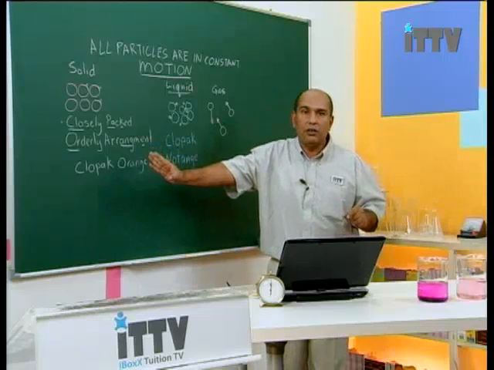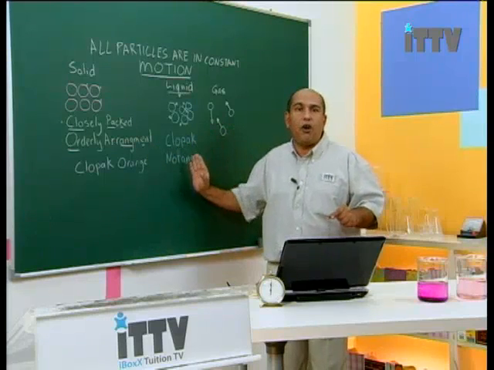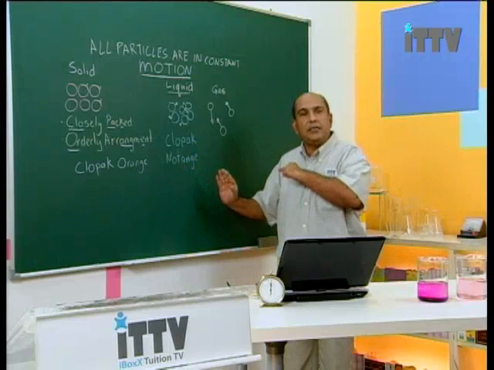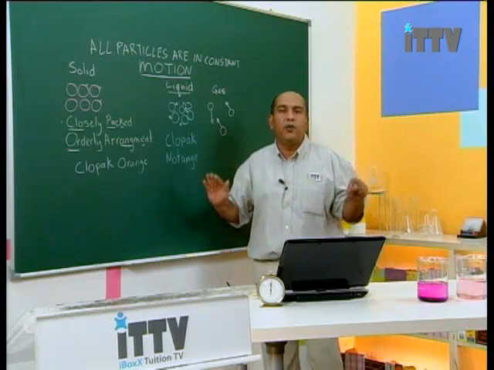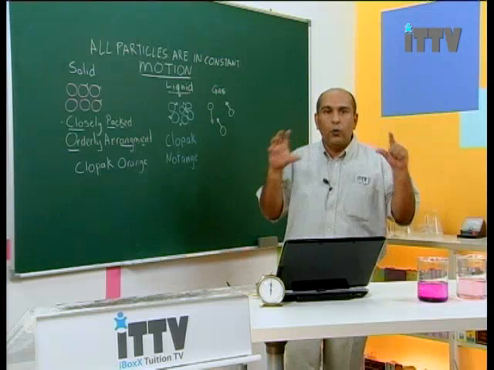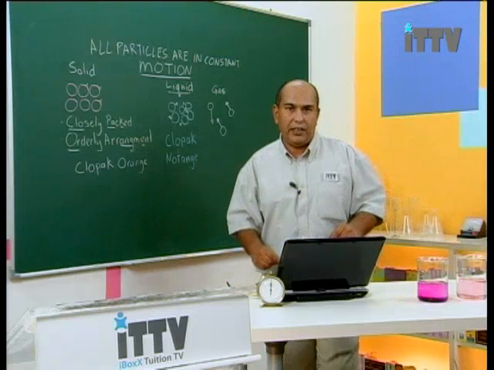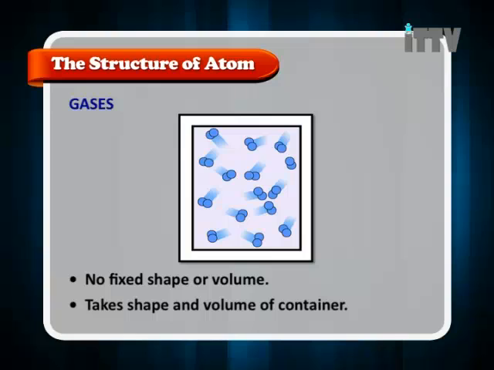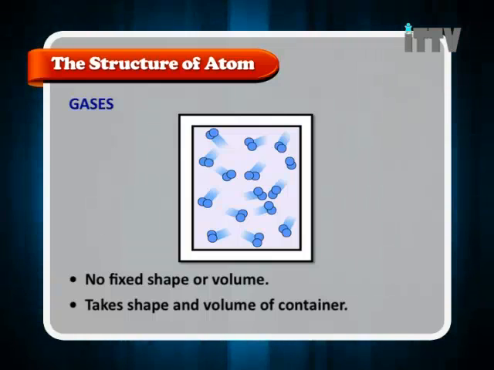Solids, strong. Liquids, strong, but weaker than solids. Here, when we get to gases, there is no strong anymore. It's straight to the word, weak forces of attraction. Key points. No fixed shape or volume. Takes shape and volume of container.